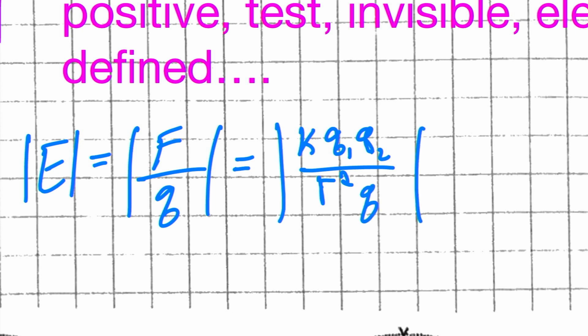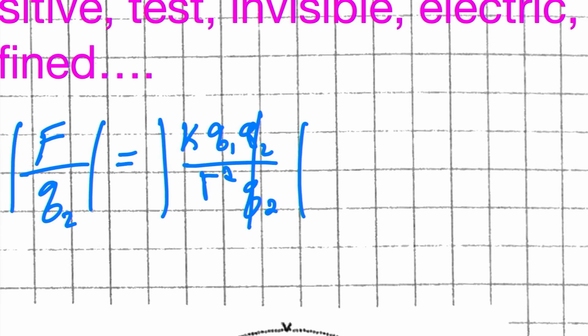Now, this Q that's on the bottom right here could either be charge 1 or charge 2. It doesn't really matter how you think of it. I'm just going to say that's charge 2. Those will cancel off, and we would get KQ over R squared.